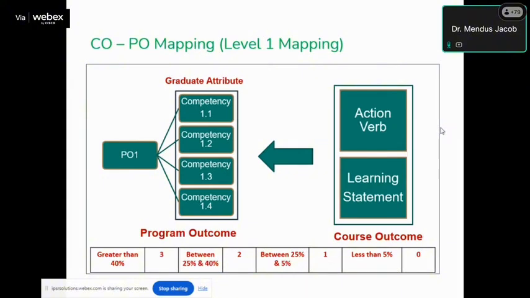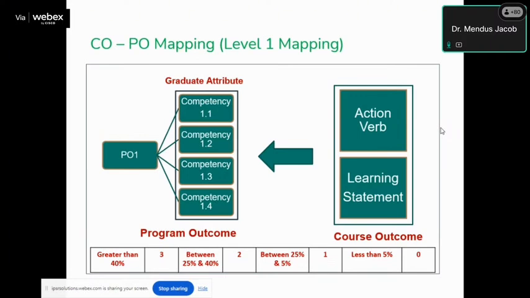Okay. Now, coming to the course outcome, already we have discussed the course outcome. It will start with an action verb and there is a learning statement. Okay. Now, if you are mapping a CO, suppose CO1 with the PO1, then you have to check how many of the competencies of that PO1 are addressed by this particular CO. Based on that, we can map.